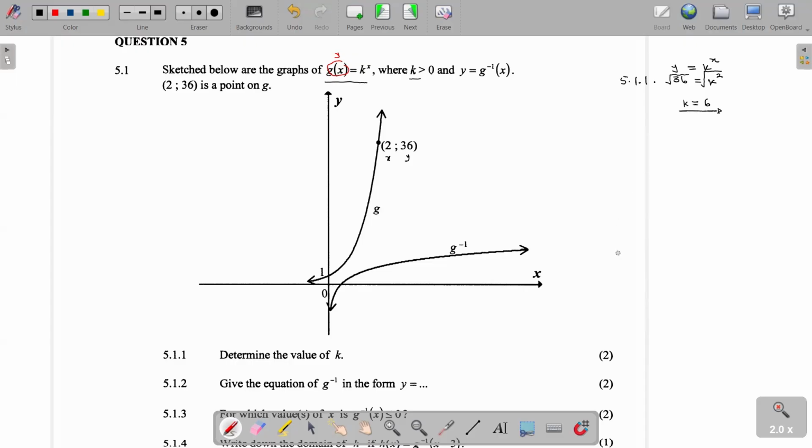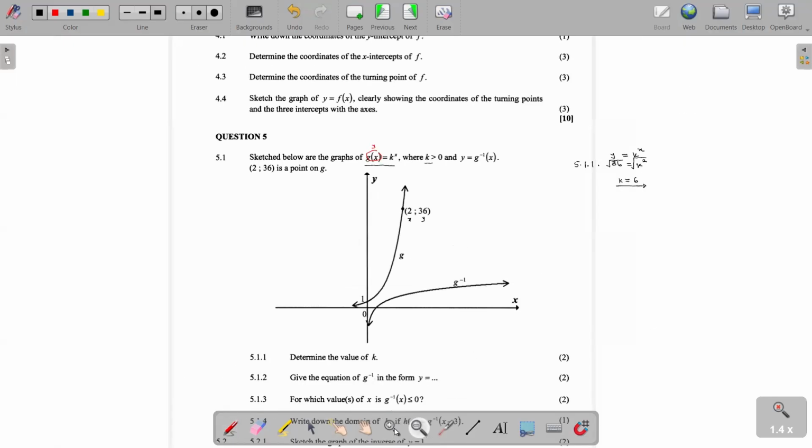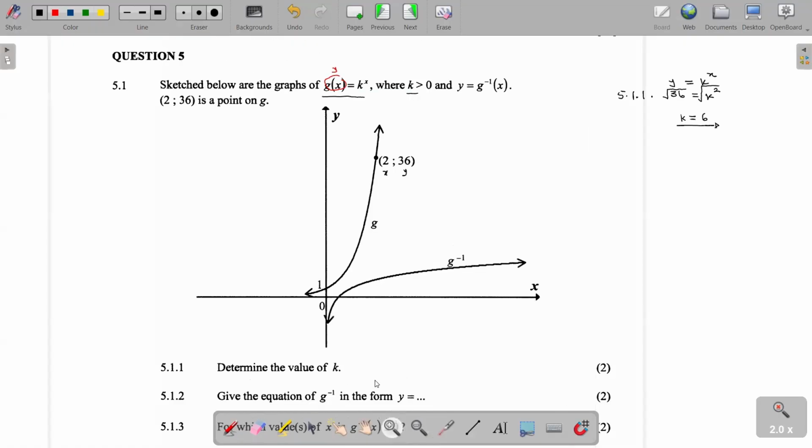Then we go to the next question. It's saying give the equation of the inverse.